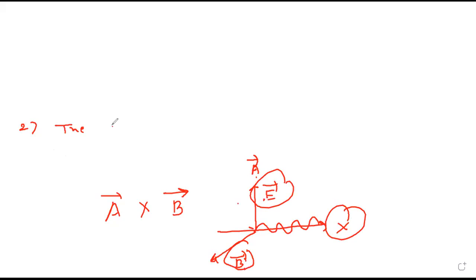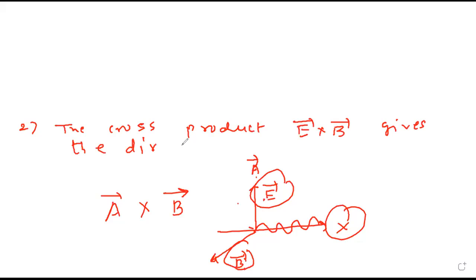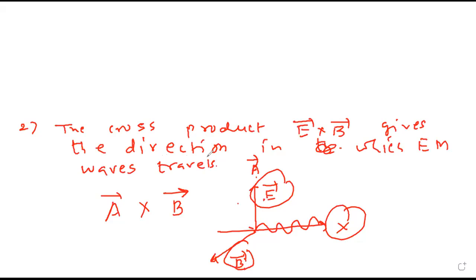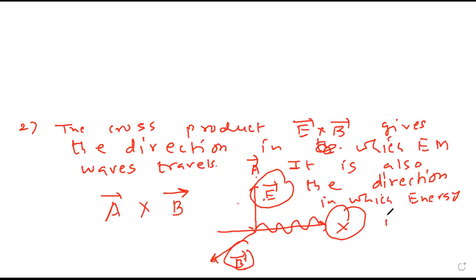The cross product E bar cross B bar gives the direction in which electromagnetic waves travel.